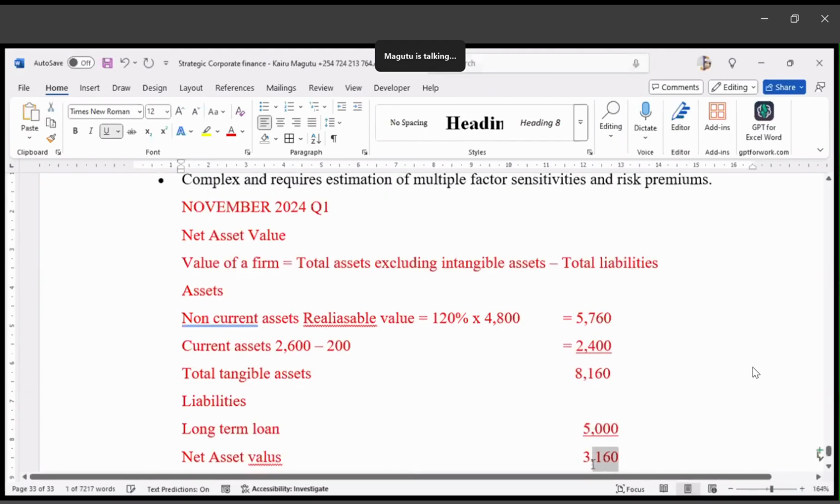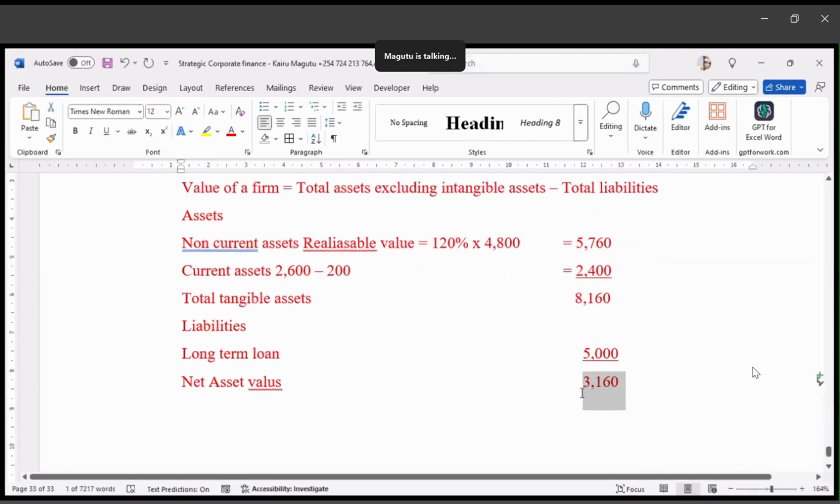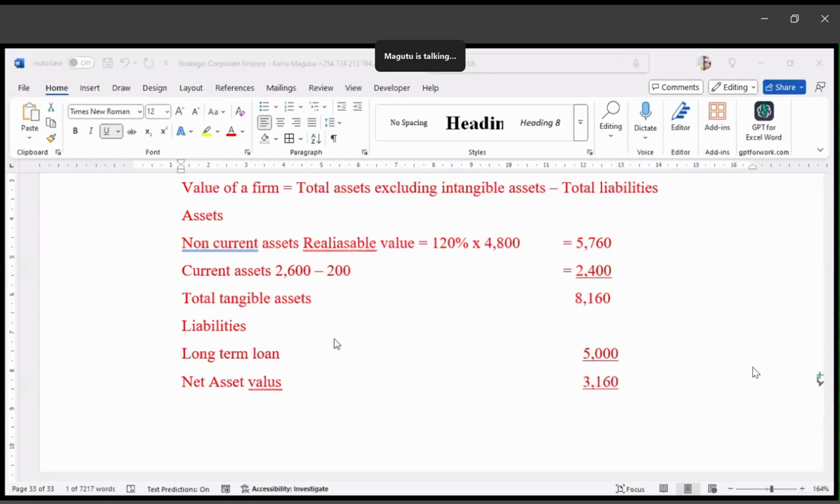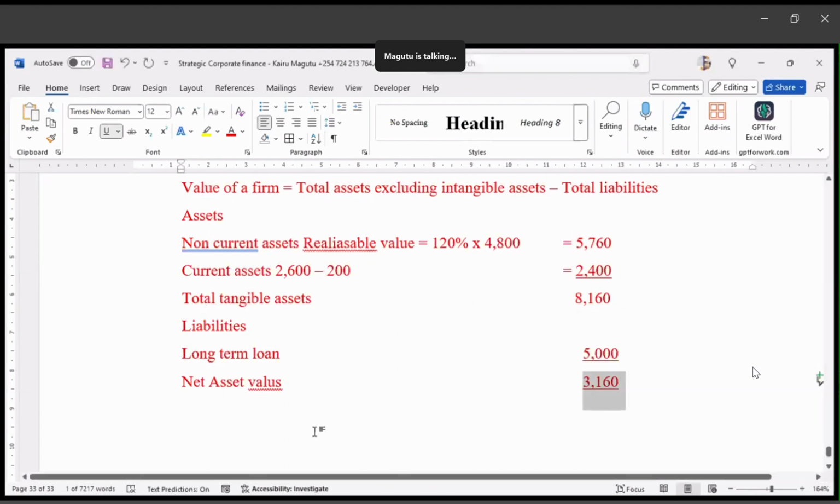Now let's look at the other part. I remember we had mentioned the dividends. So can we try to use the dividend growth model to see whether we will again be able to determine the value?